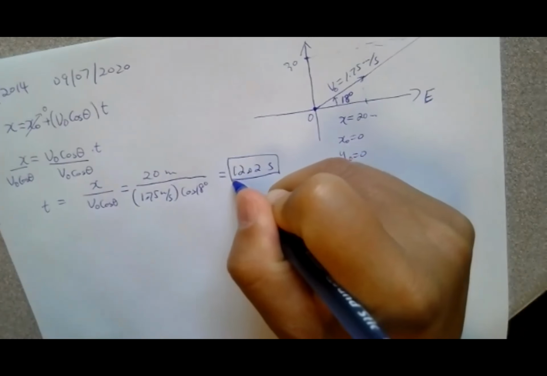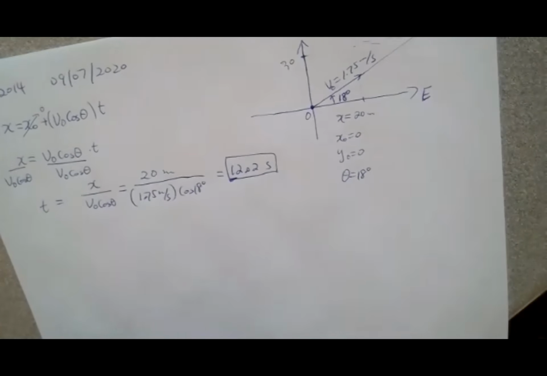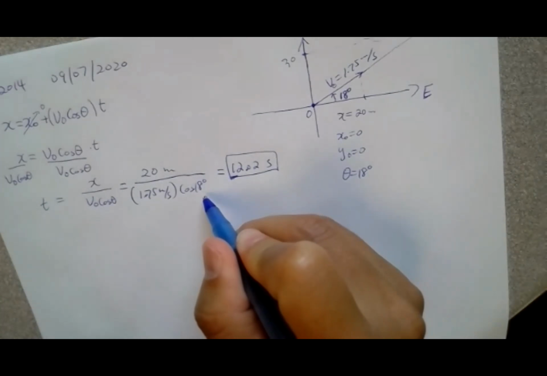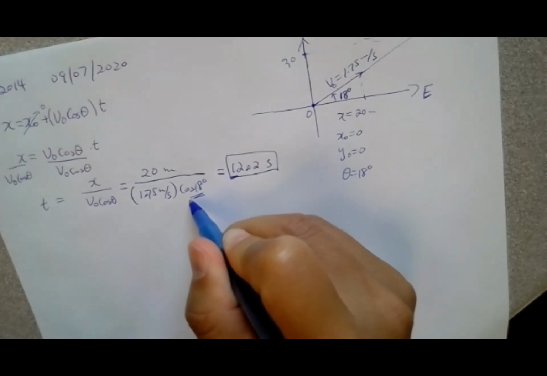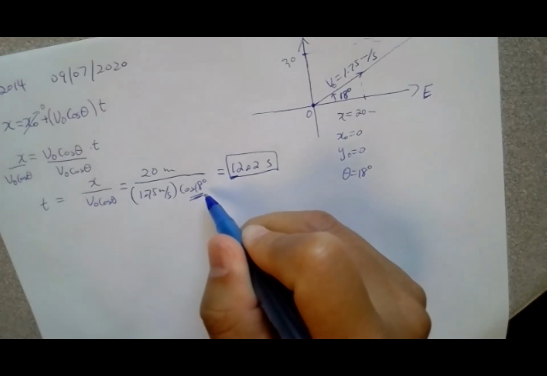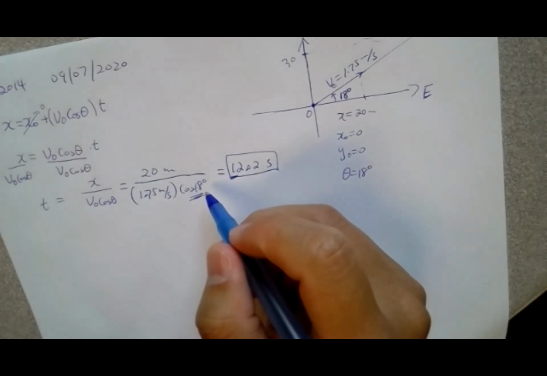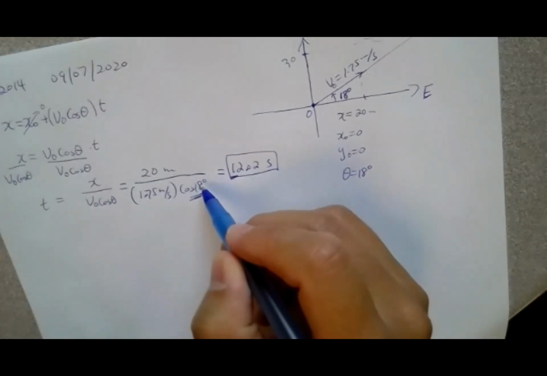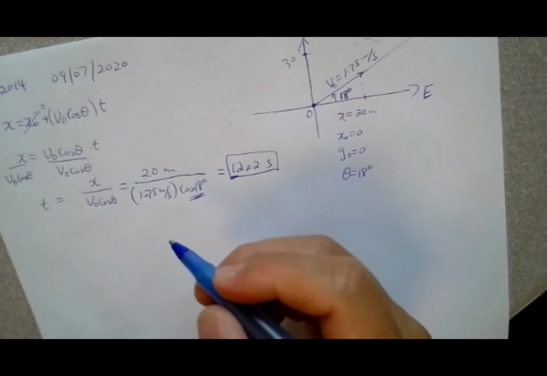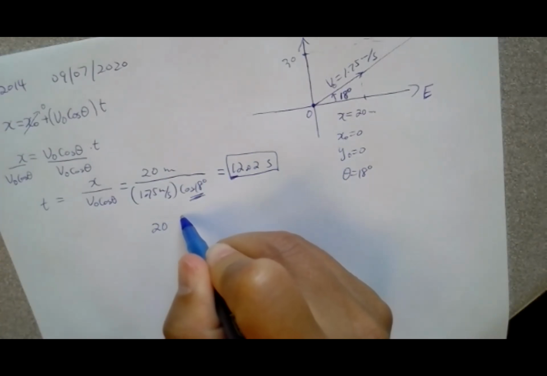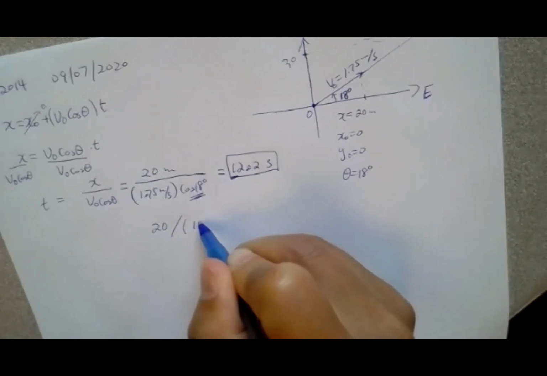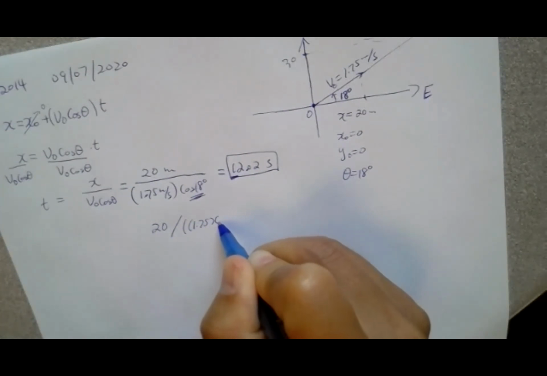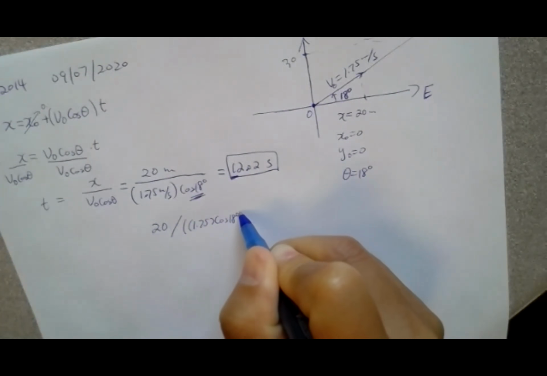Now, some of you might get a different number. I would like to emphasize a couple of things to check here. Because this is in degrees, check your calculator is set in degrees, not in radians. And second, when you do 20 over 1.75 cosine 18 degrees, when you're typing in your calculator, you type in 20 divided by a parenthesis, 1.75 cosine 18, and close the parenthesis.